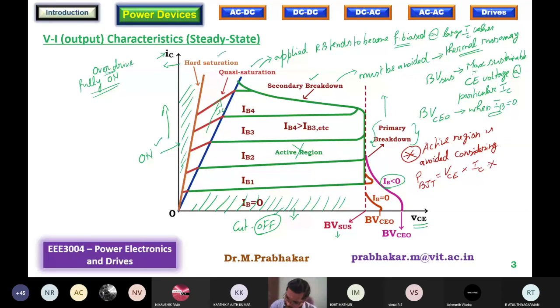That's all. This also I have indicated here. This is about the characteristics of the power BJT.